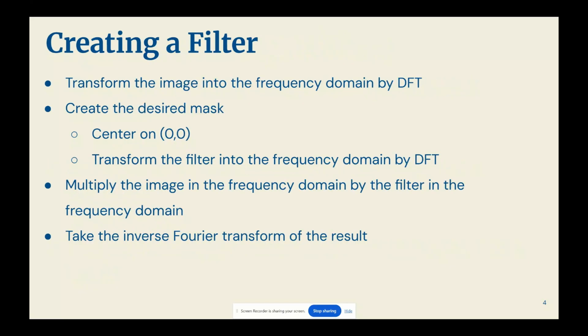The first step is to transform the image into the frequency domain using the discrete Fourier transform. The next step will be to create the desired mask for the filter you want to apply to the image. So, for example, if you want to do Gaussian filtering, you'll create a Gaussian mask of the same size as the image, and it should be centered on the origin 0, 0.